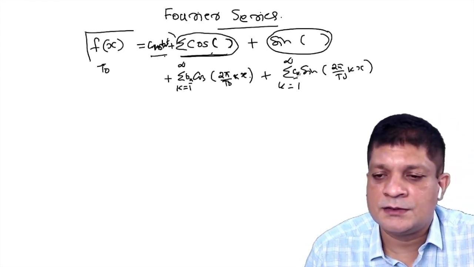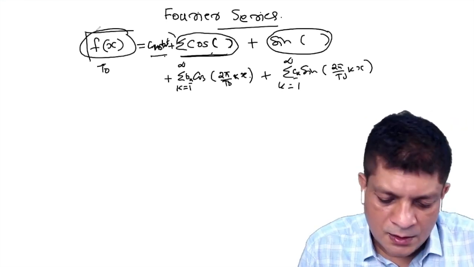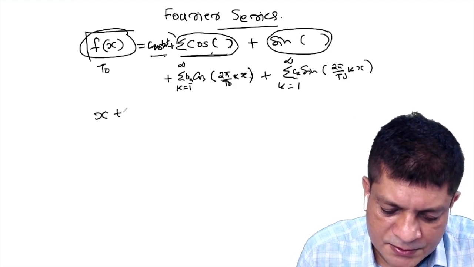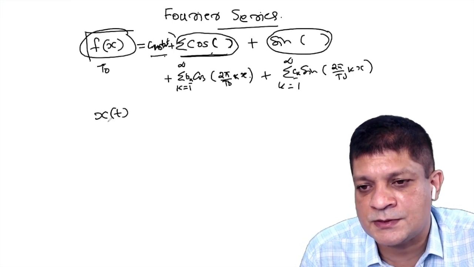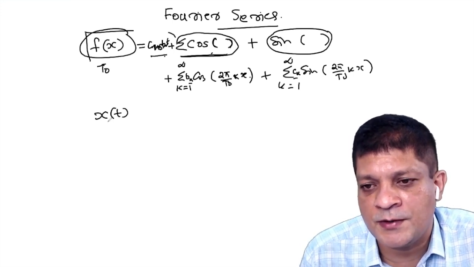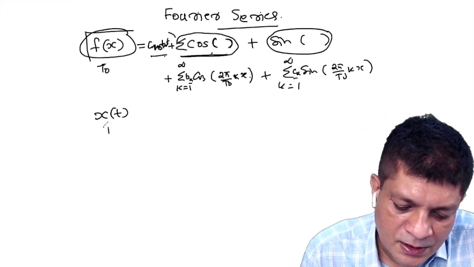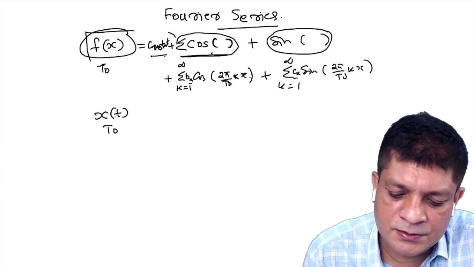Since in signals and systems we consider functions x(t), x(t) is used to represent signals. Suppose x(t) is a periodic signal having fundamental period T naught.